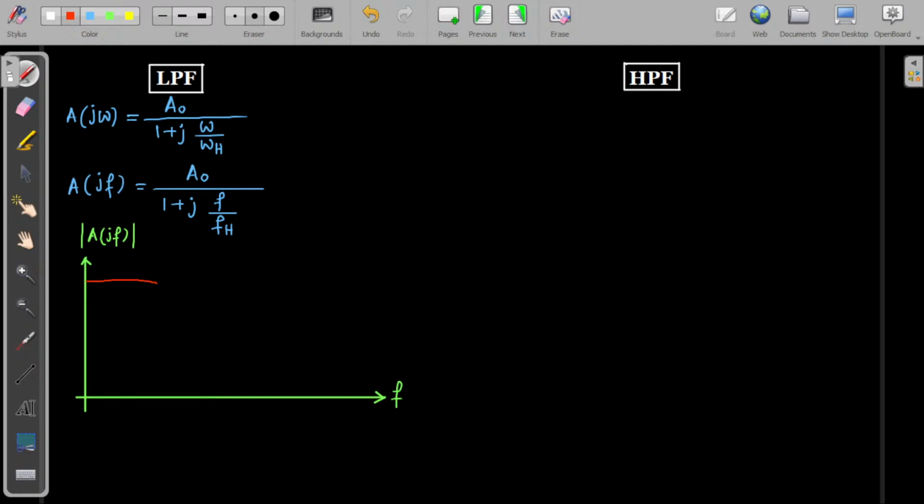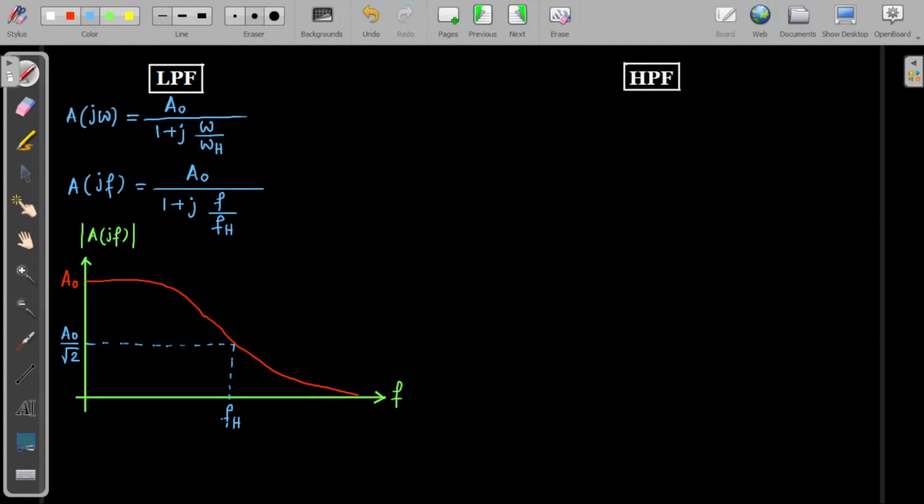So if the low frequencies are passed, the high frequencies will be blocked. This is the maximum gain A0, and here it is A0 by root 2.